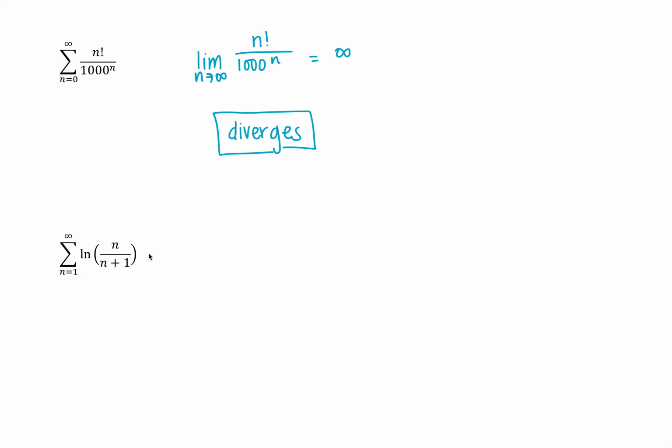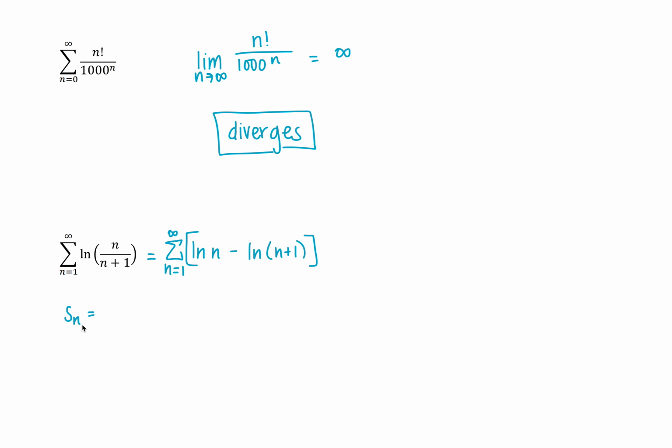I can rewrite this as the natural log of n minus the natural log of n plus 1. And that's going to help me when I find my nth partial sum.